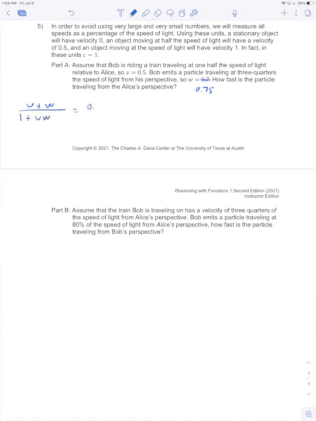So we get 0.5 plus 0.75 over 1 plus 0.5 times 0.75. When we calculate this, we get roughly 0.91. So the velocity is 91% the speed of light.